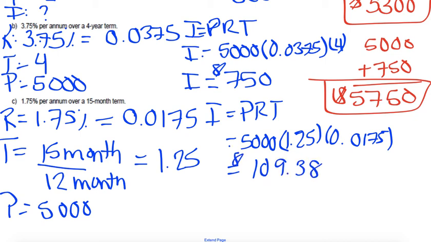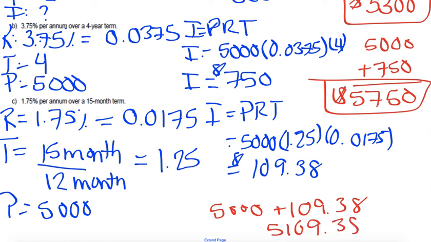Now I'm going to have to take that to find what my total value is. I'm going to go 5,000 and add 109.38 to it, and I'm going to be left with $5,109.38 at the end of my 15-month term at a rate of 1.75%.